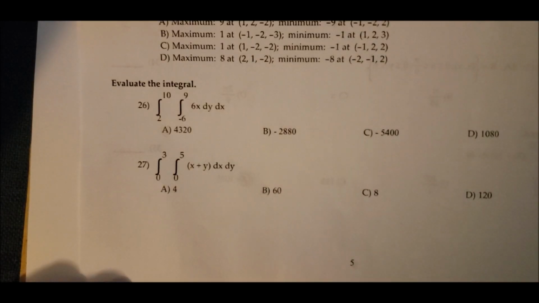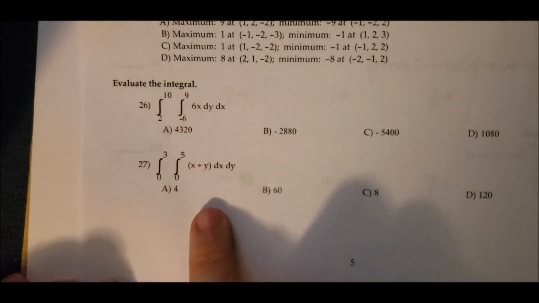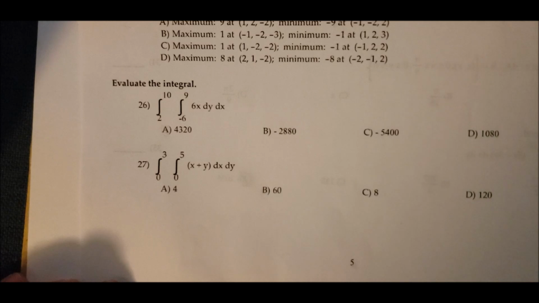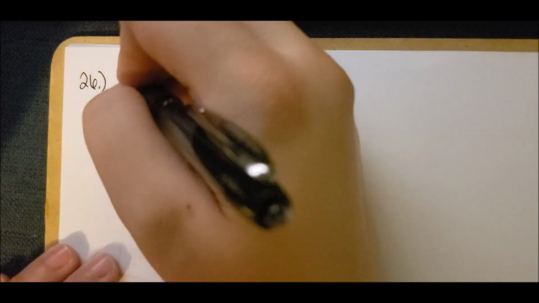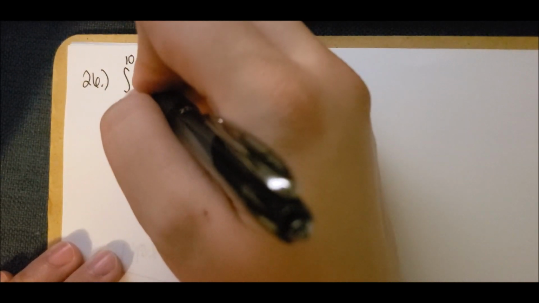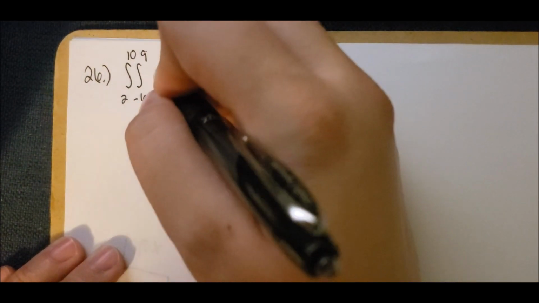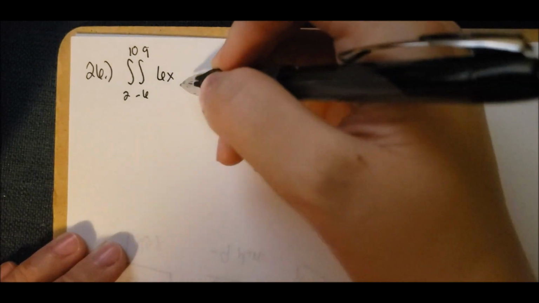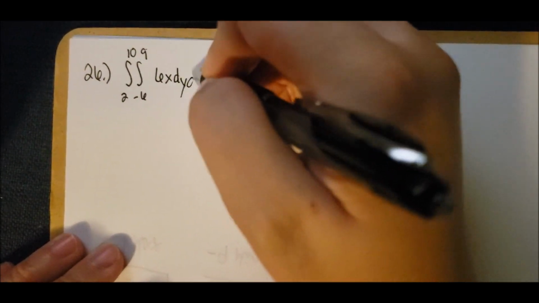So 26, 27, 28 are integrals. So a double integral. So 26, I have the integral of 6x dy dx.